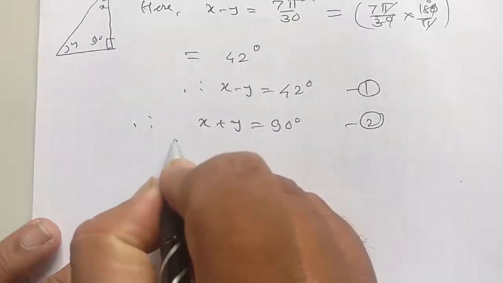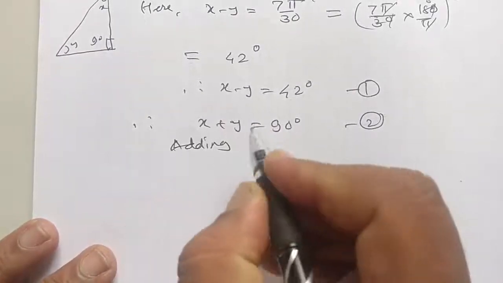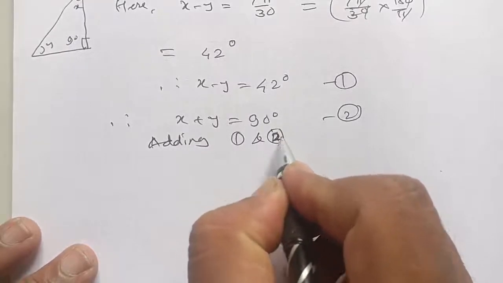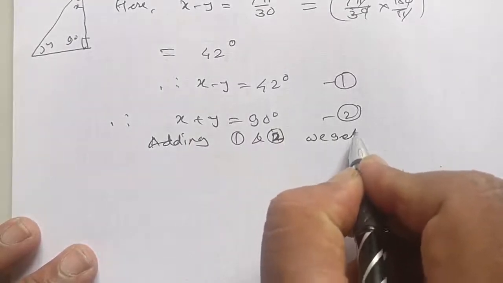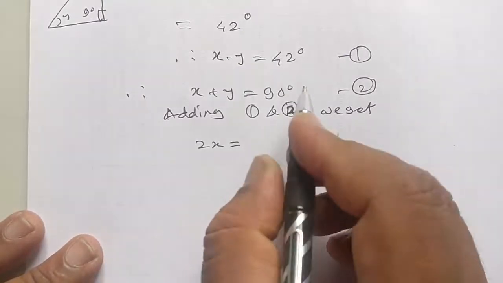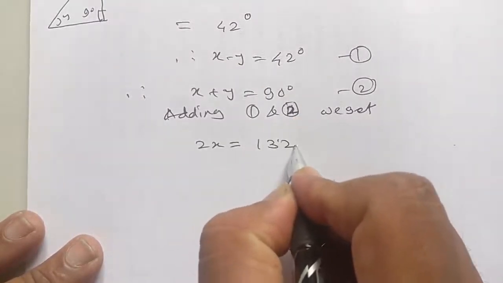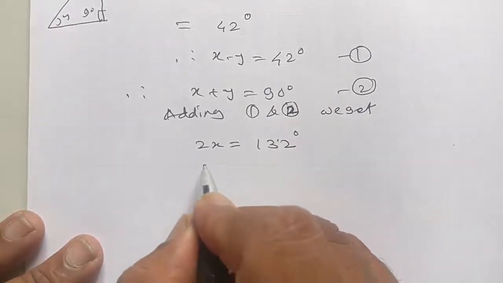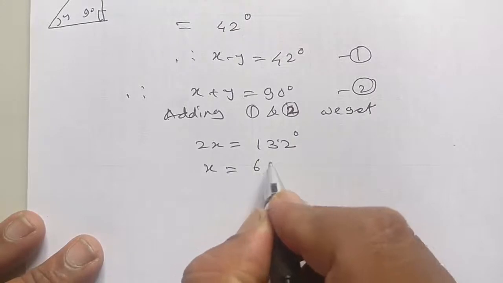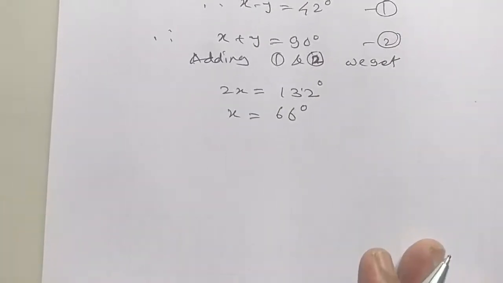Adding 1 and 2, we get 2x is equal to 132 degree. Therefore, x is equal to 66 degree.